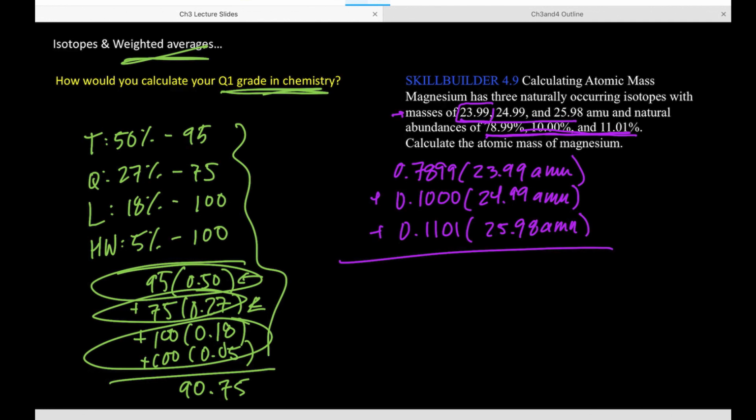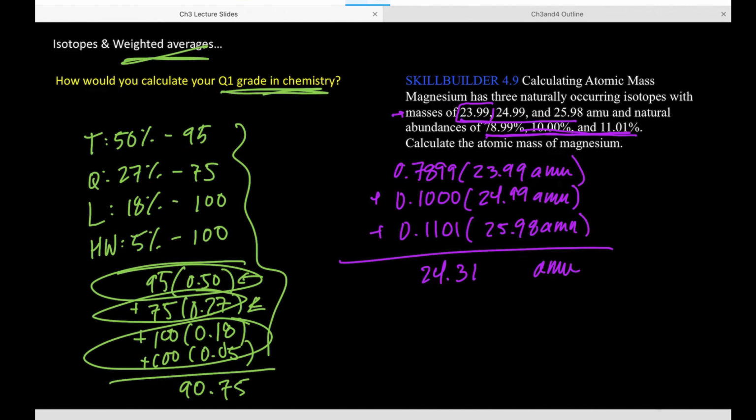Thinking about units, if I add them, they stay the same, so my unit is still AMU. And I would add those up and come up with my 24.31 AMU for magnesium. Yes, does that make sense?